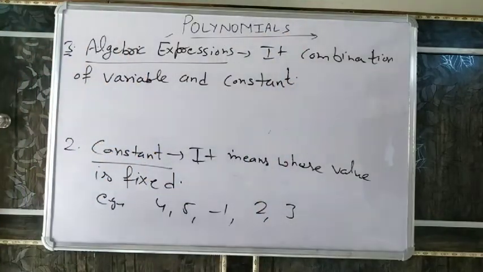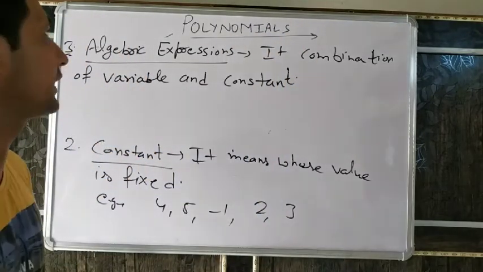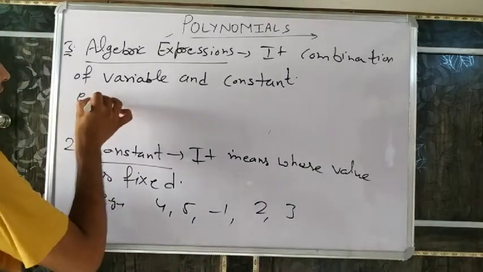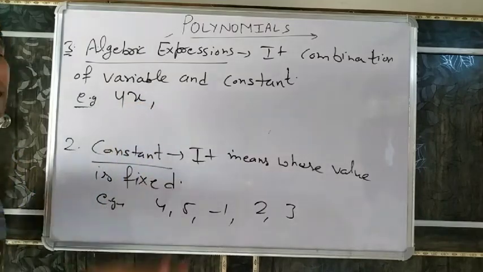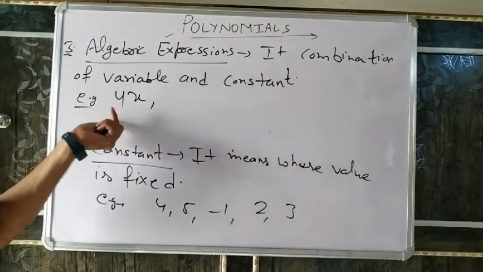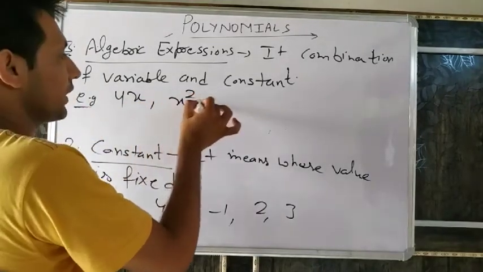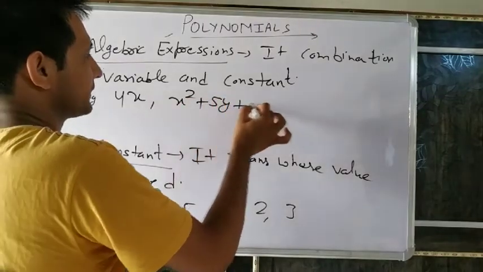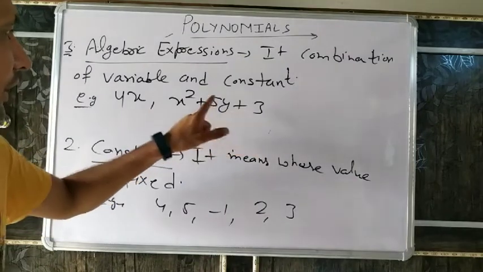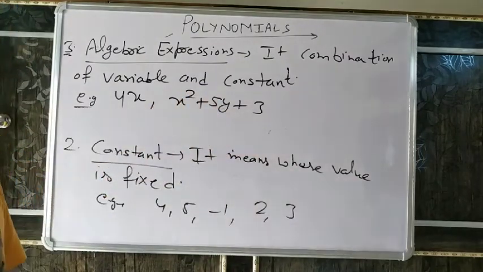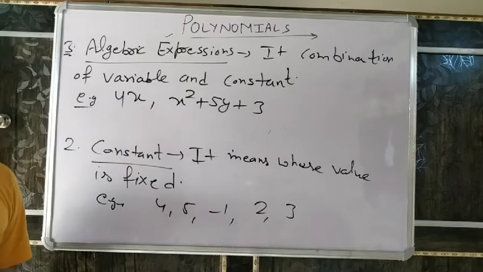Many examples you can write, like 4 into x. It is a combination: it is variable, it is constant. Yes, x square plus 5y plus 3 is also an algebraic expression, a combination of 3, 5y, variable and constant.